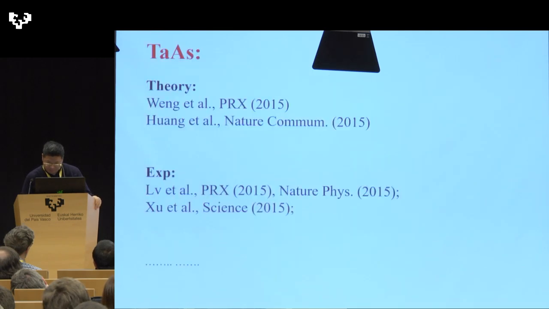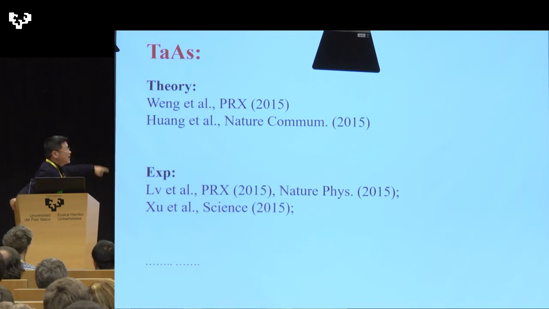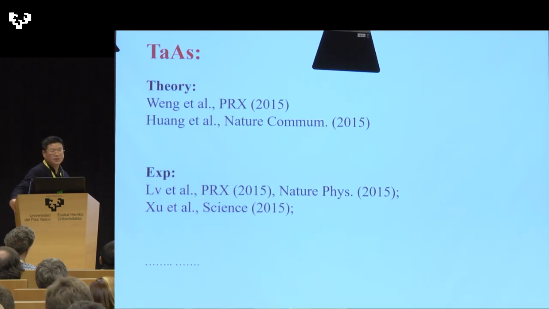So the compound had been, no, I think it's 2015. Actually, a group at IOP in Beijing, and also a Princeton group, independently found the compound TaAs, and their theoretical suggestion was immediately confirmed by experimenters. There were two experimental groups. One came from IOP in Beijing, another from Princeton University.